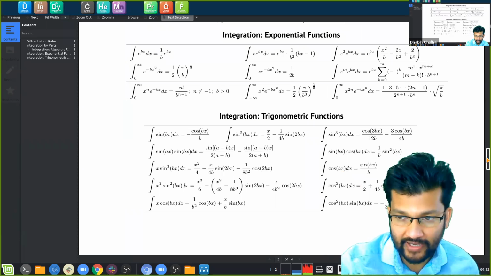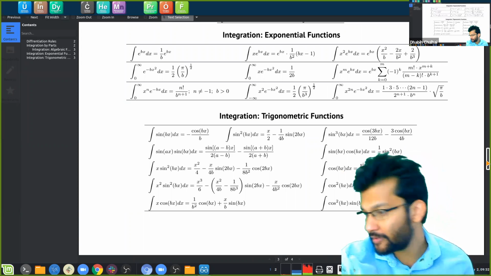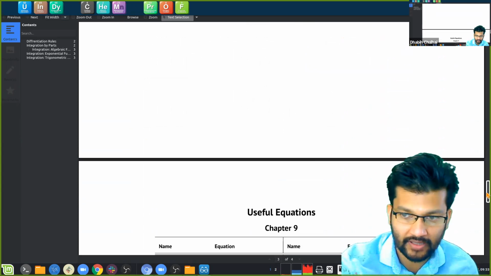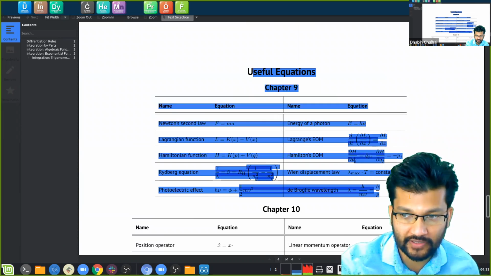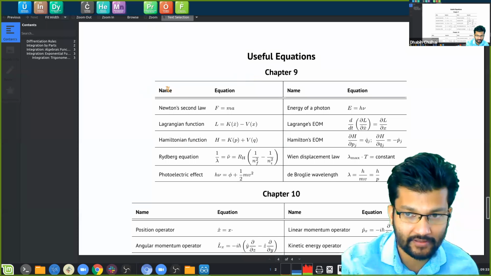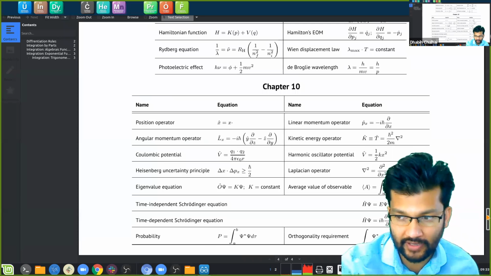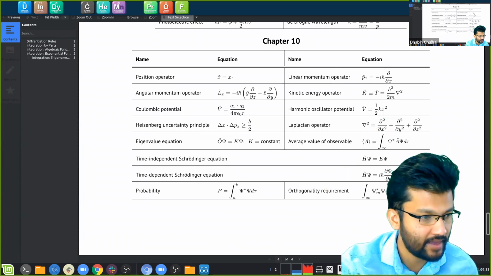A lot of this is taken from this book, where towards the end there's an appendix for integrals, or from the other PChem book that I've been using, by Atkins and de Paula. And then I will also give you these useful integrals from every chapter. From chapter 9 you'll get these equations, for chapter 10 you'll get these equations, and this is what you'll get for the first exam. As we go into the second exam, I'll add in more and more chapter material.